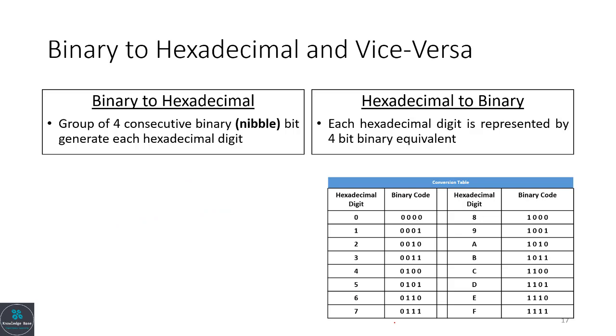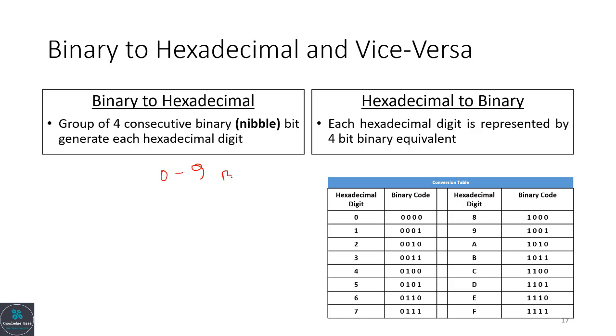A BCD number and a hexadecimal number both use a 4-bit binary representation for every digit, but a BCD digit will be from 0 to 9, so it cannot be greater than 9.